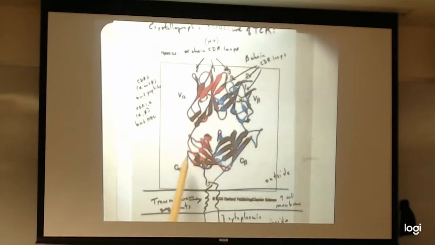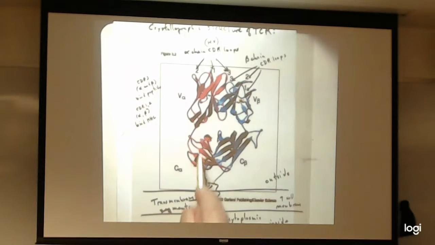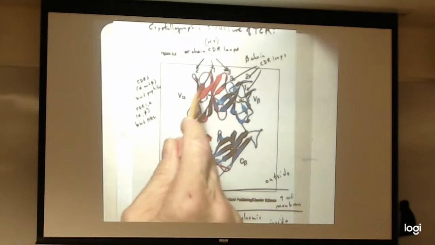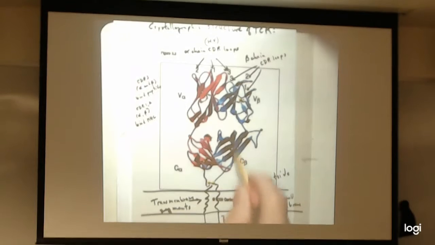As we know already from our discussion of immunoglobulin molecules, we have the so-called immunoglobulin fold here in the constant domain of the TCR alpha chain, and then also the variable domain of the TCR molecule. And same thing for the beta chain, okay?